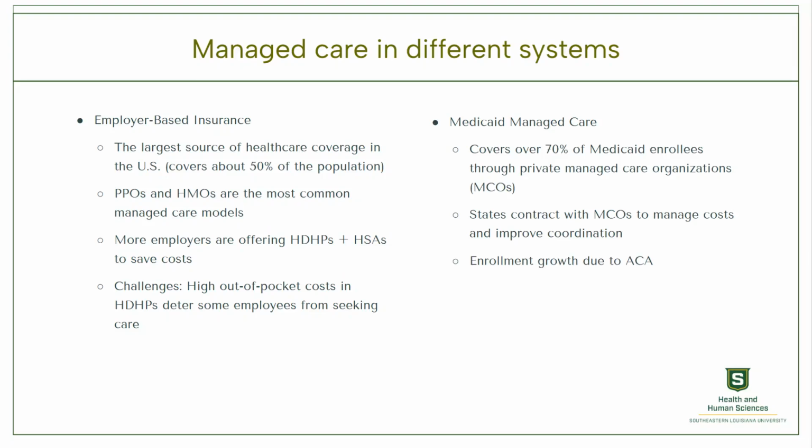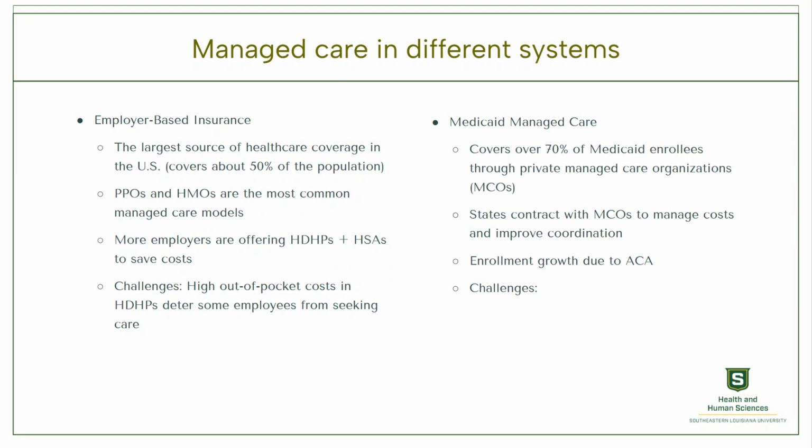There's been a growth in enrollments with managed care organizations through Medicaid because the ACA expanded Medicaid, so many more people became eligible and are now being taken care of by managed care organizations.